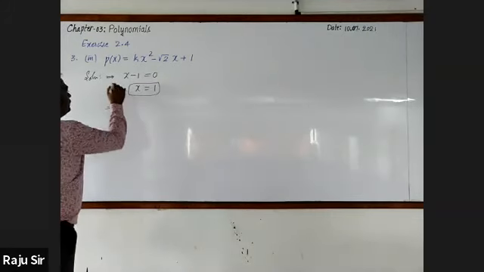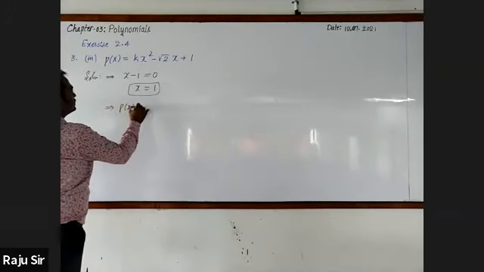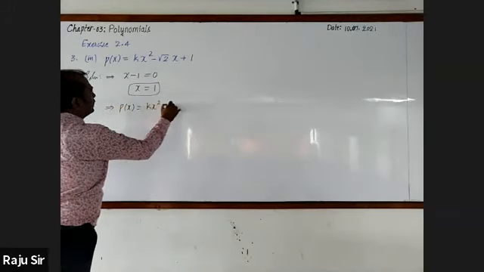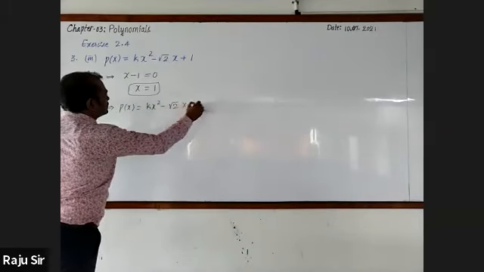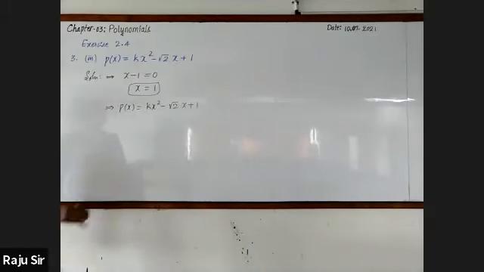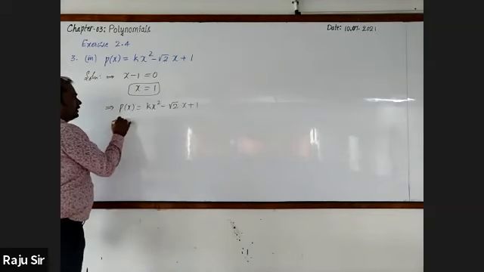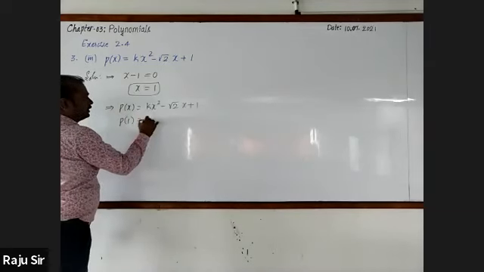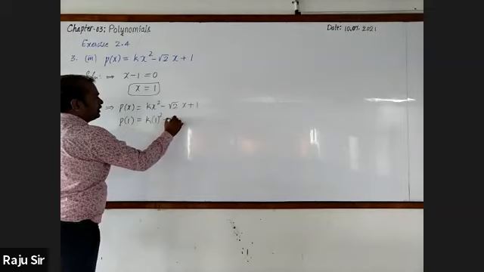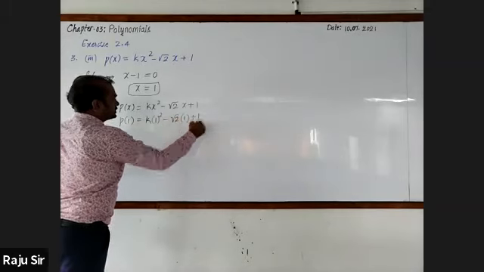Then p of x is given. P of x is kx square minus root 2 into x plus 1. Please go write it with me. Substitute 1 in place of x. P of 1 is equal to k into 1 whole square minus root 2 into 1 plus 1.